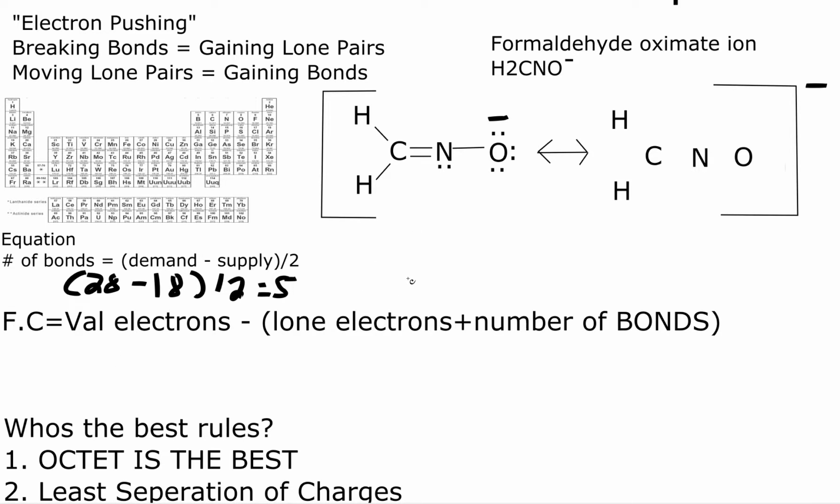Now, what I'm going to do is redraw this molecule exactly the same over here, so it will make much more sense when I move electrons and it doesn't get really messy. So let's do that. Single bond here, we need our electrons.